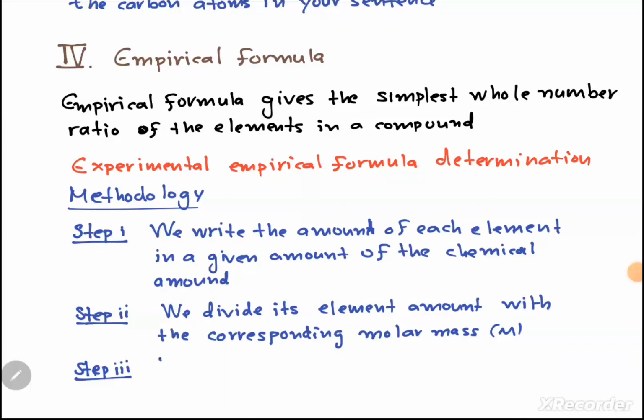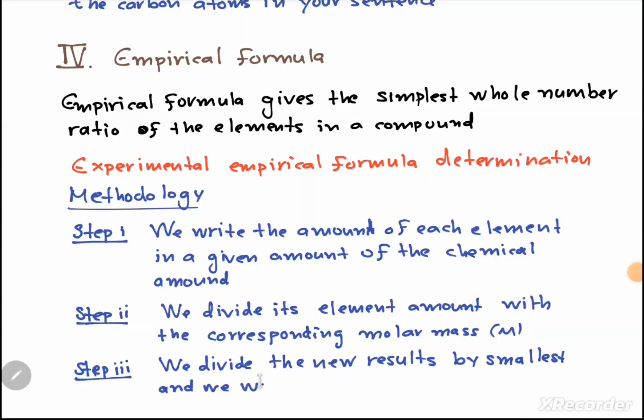We divide the new results by smallest, and we write them in nearest whole number ratio.